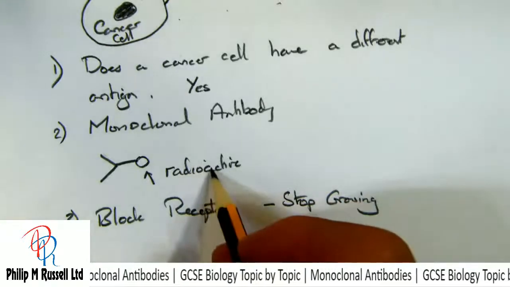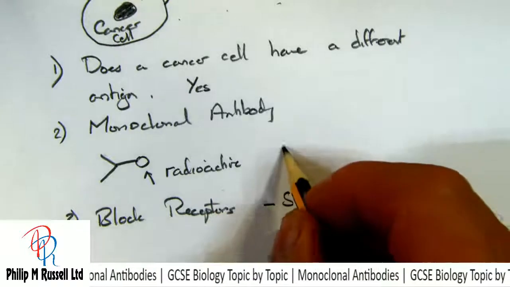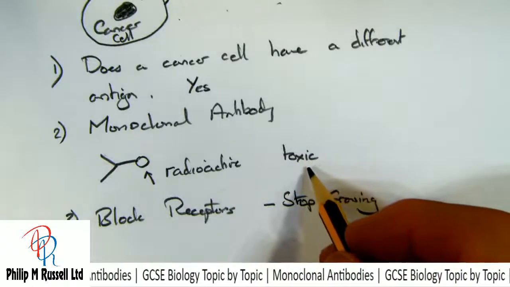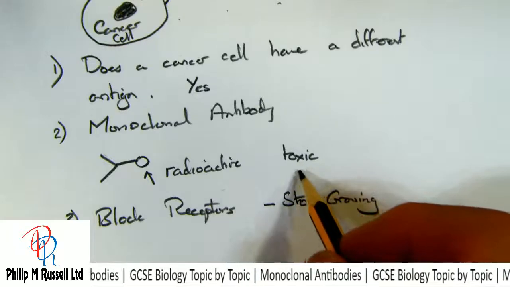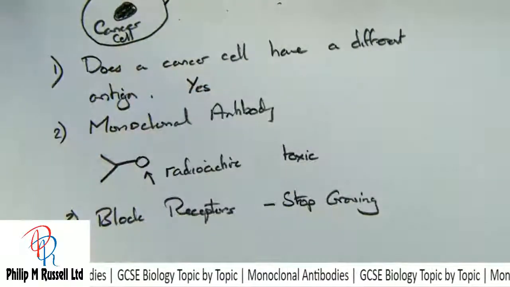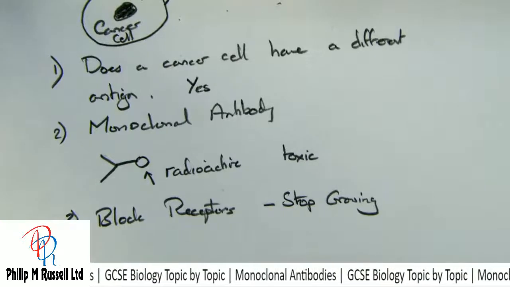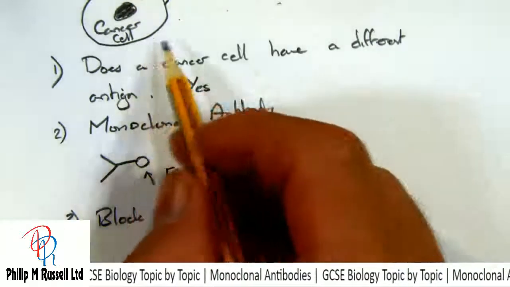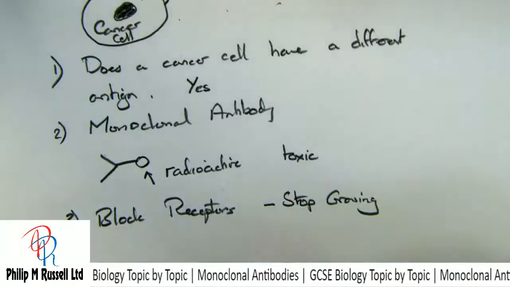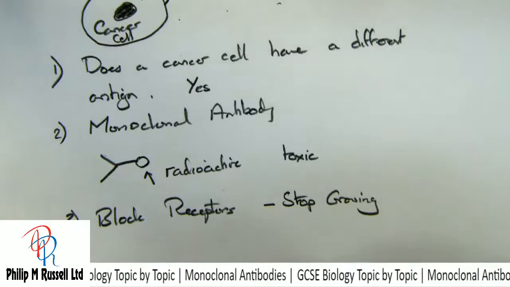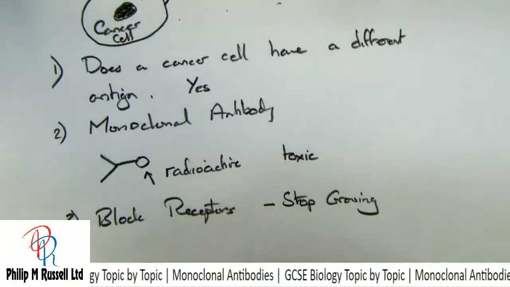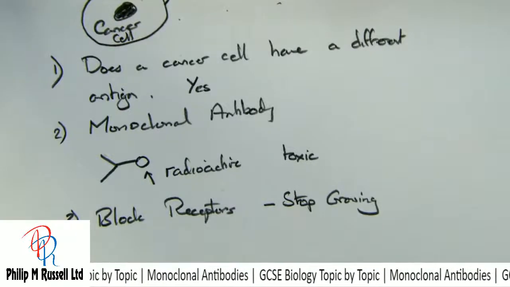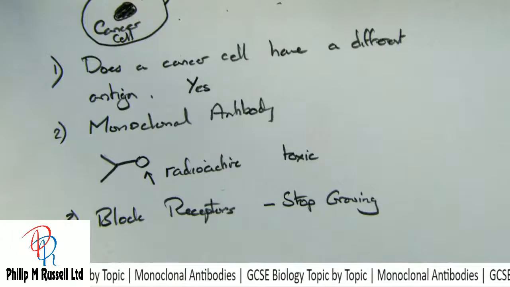We could put, as I said, radioactive chemicals there. I could also put something that's fairly toxic, a toxic chemical on there, and that will bind to this particular cancer cell and kill it. And the good news is it would do that without killing any other cell in the body. So monoclonal antibodies could be the answer to this.